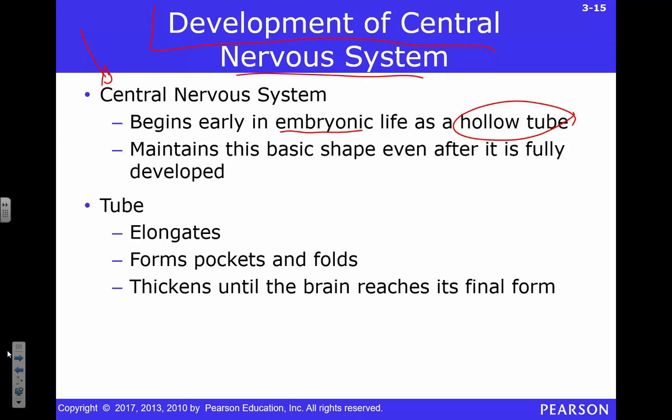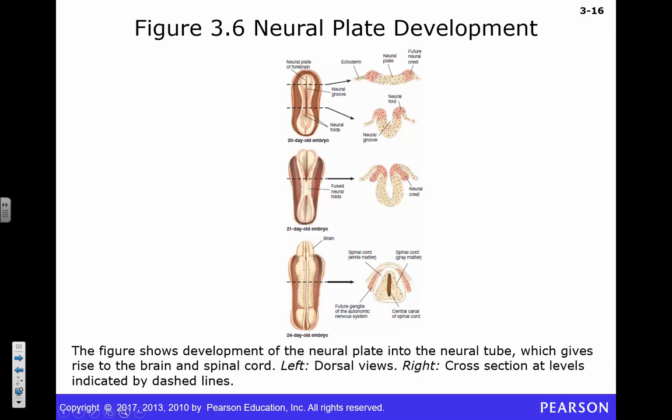So really, you're still dealing with a hollow tube, even once you're an adult, although you've got this big bulge on one end that you use to fill up your skull. During development that tube elongates, you get a bunch of pockets and folds, and eventually you get a brain. So there you go. Those are the developmental stages of your brain.